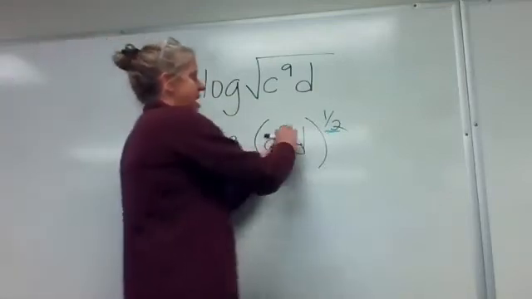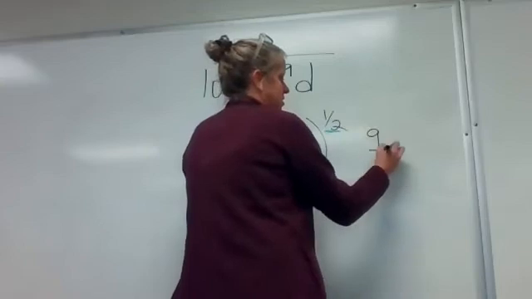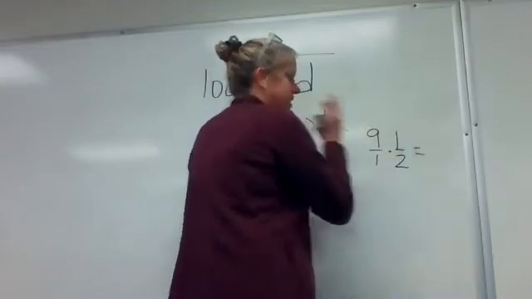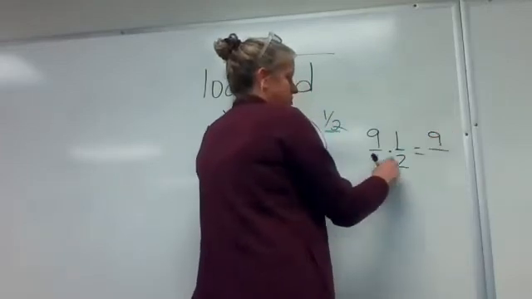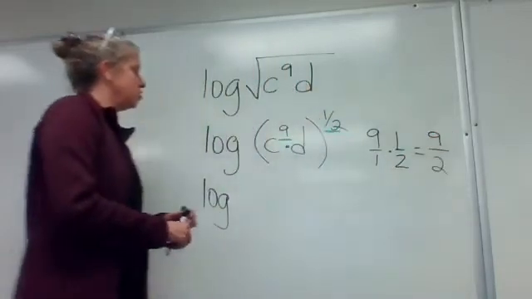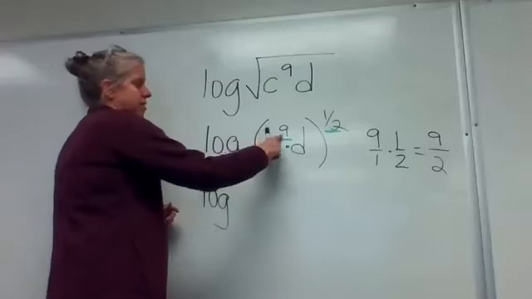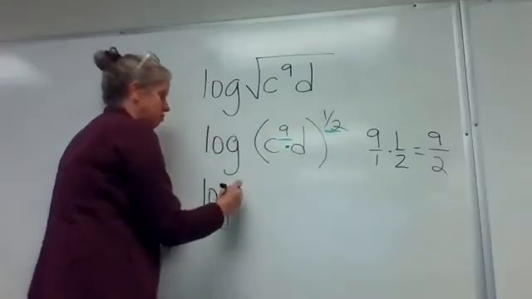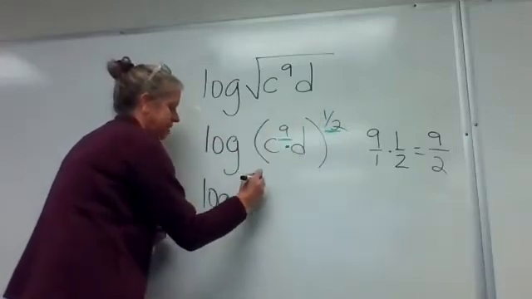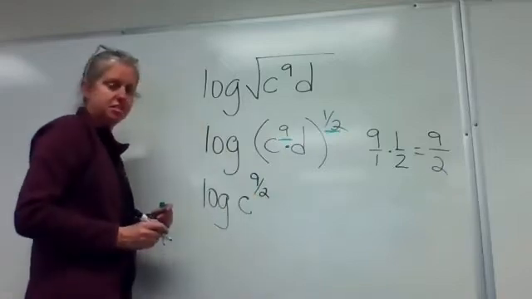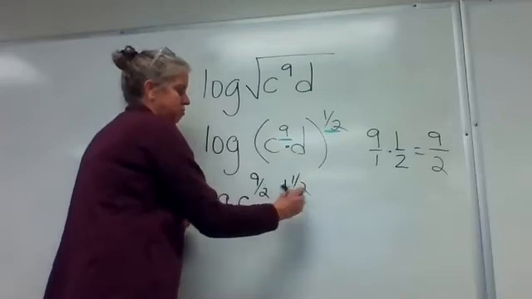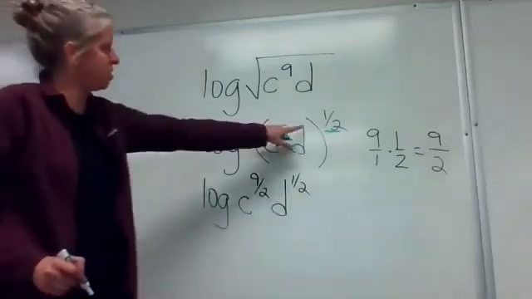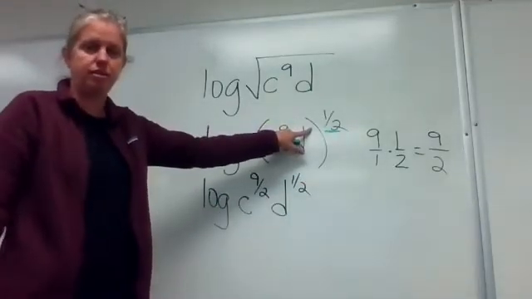So what is 9 times 1/2 give me? Well, 9 times 1 is 9, 1 times 2 is 2. So the c's exponent is 9/2. The d only has the 1/2 exponent, because it didn't have another exponent here. I mean, it does, but it's a 1.